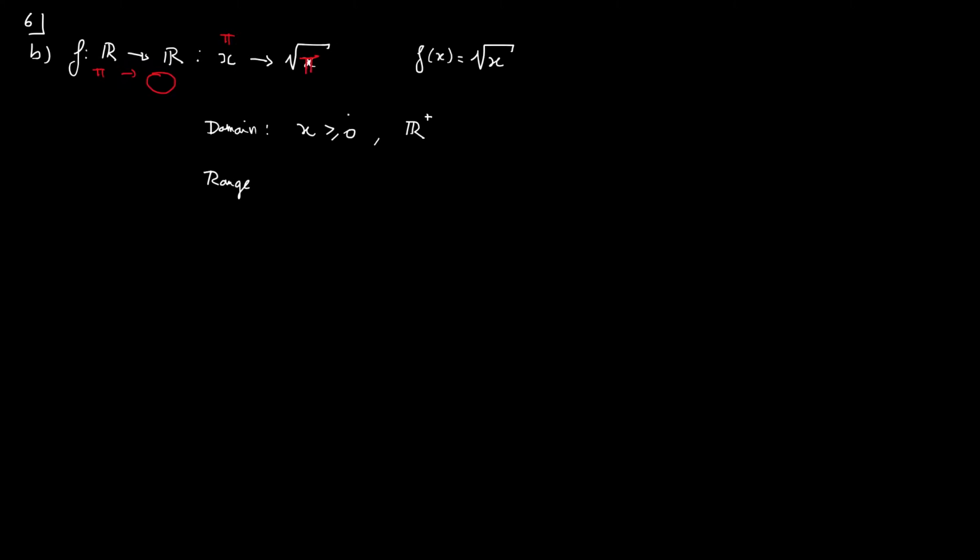So if we fill in all these numbers, where can we end up? Well, knowing that the square root can only spit out positive numbers, it means that your function is also going to be greater or equal than 0. Or in other words, the range of your function is R plus as well.